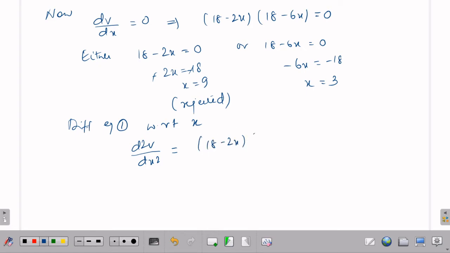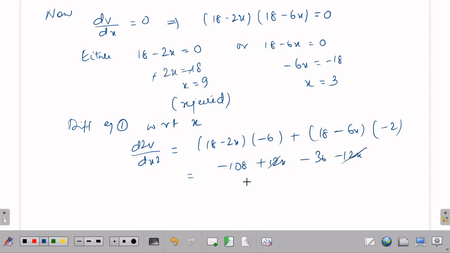So I'll get here (18 minus 2x) into minus 6, plus (18 minus 6x) into minus 2. Once I solve this, I'll get minus 108 plus 12x minus 36 plus 12x. I cancel this with that, so I'll get the answer minus 144.